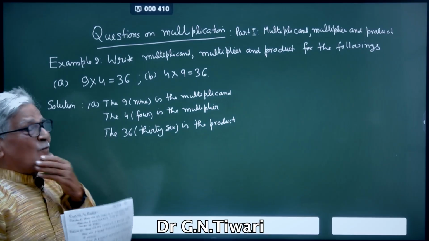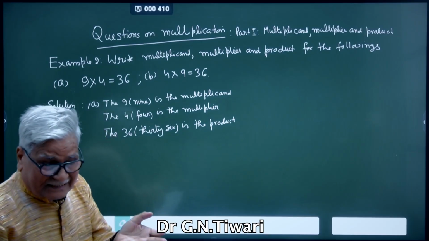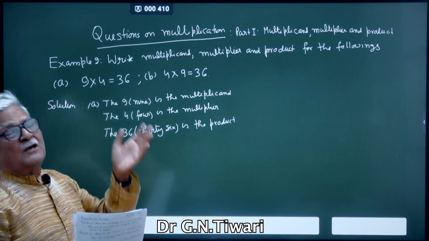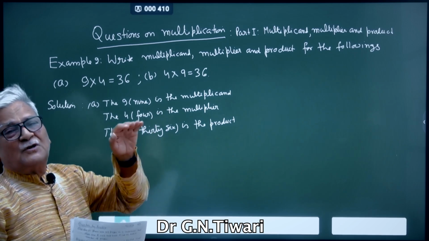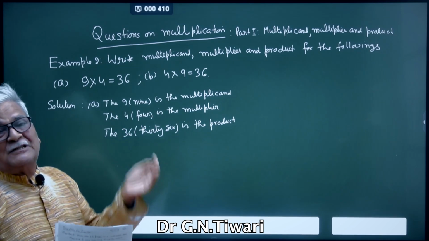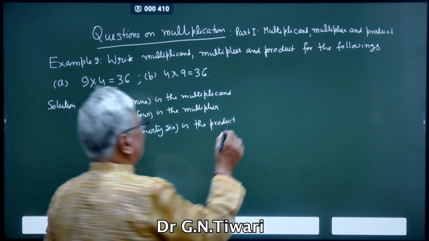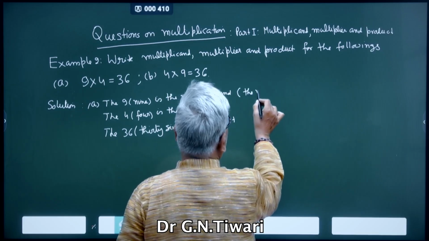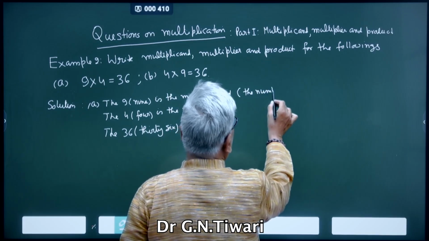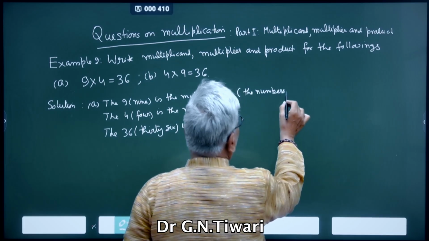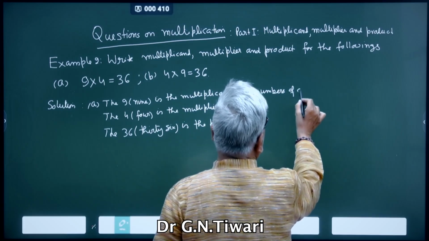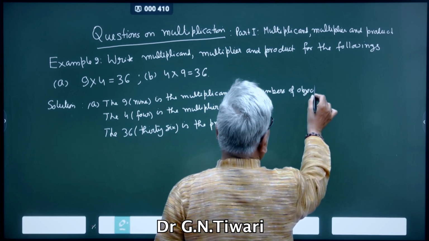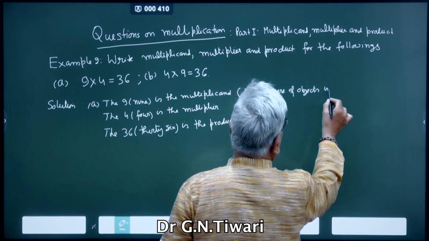Now see, for better understanding, the number of objects in a group and the multiplicand are the same. So for your convenience here, you can write it. This is the number of objects in one group.